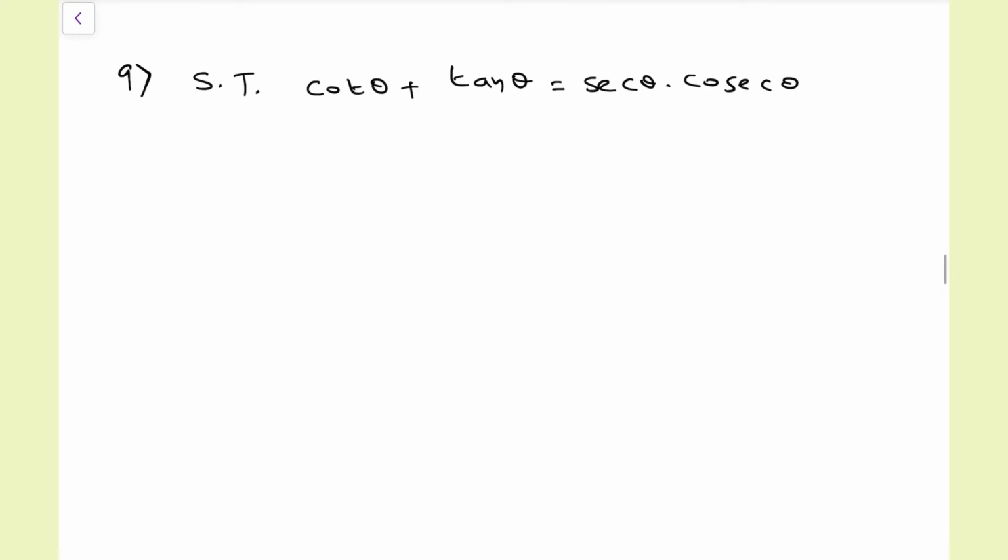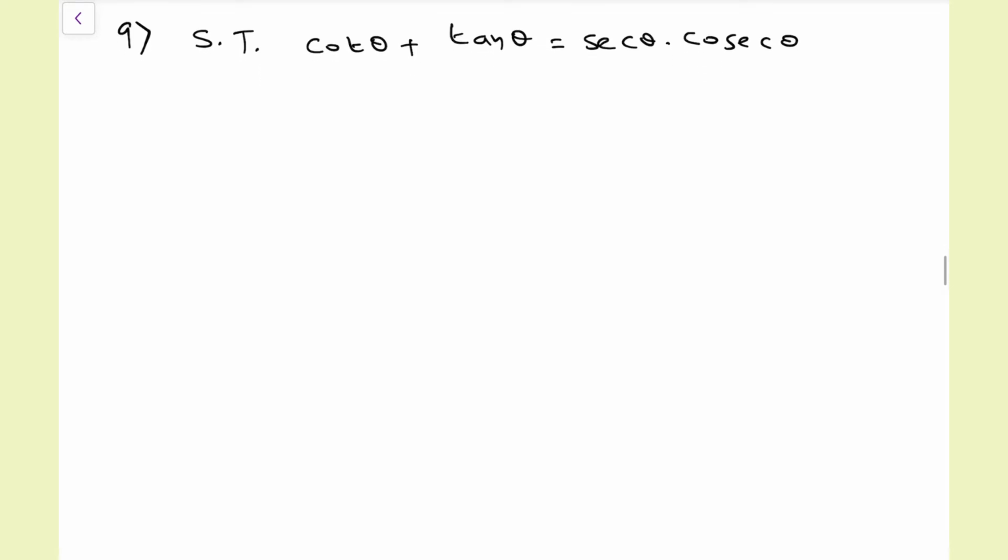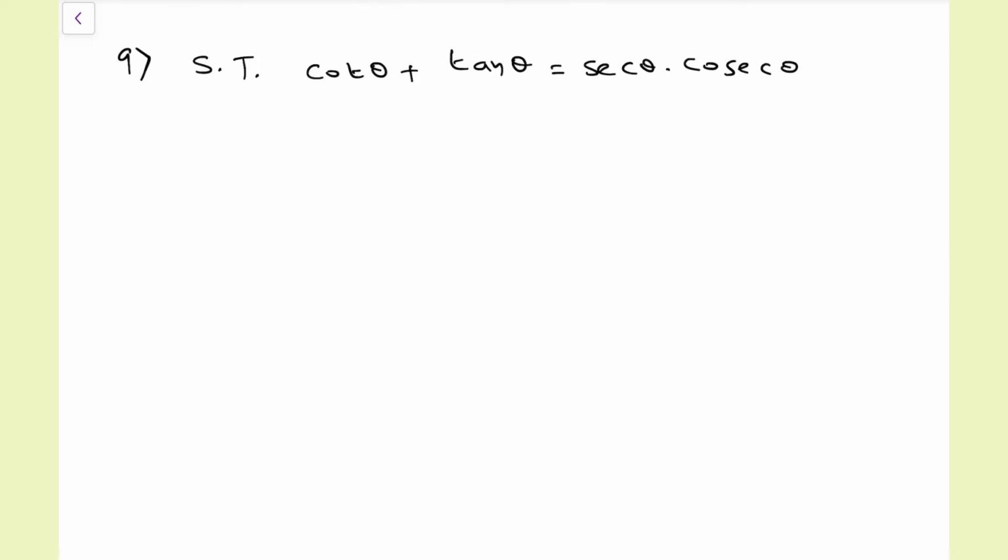Next, show that cot theta plus tan theta equals secant theta into cosec theta. Cot theta can be written as cos theta by sin theta, plus tan theta can be written as sin theta by cos theta. Here both the denominators are different, so we will do cross multiplication.